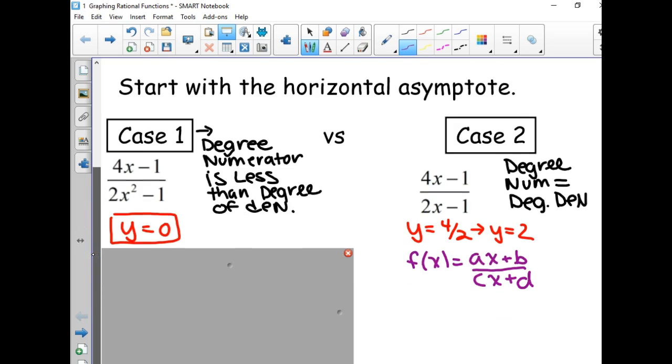It's times, thank you, Jack. A times x plus b, and then c times x plus d. What is my horizontal asymptote there? Y is equal to a over c. Very good. So that's kind of my rule there. When they're equal, you take the leading coefficient of the numerator and the leading coefficient of the denominator, you write them as a ratio and simplify that.